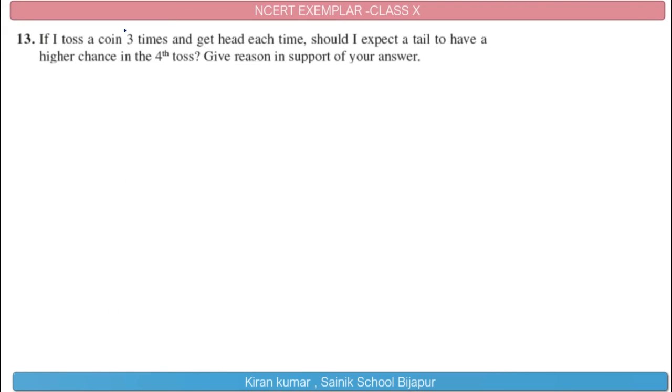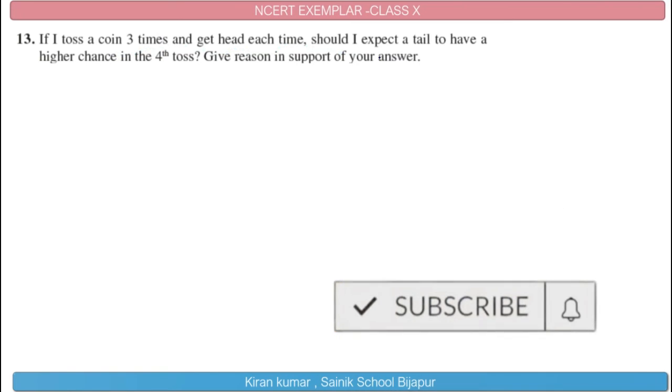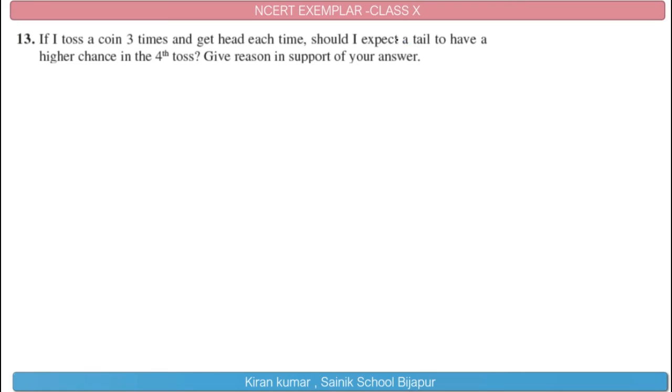13th one. If I toss a coin 3 times and get head each time, should I expect a tail or head to have a higher chance in the 4th toss? Give reason. As we know that coin has got equally likely events, either it can be head or it can be tail. So next time on tossing, he will get either a tail or a head.